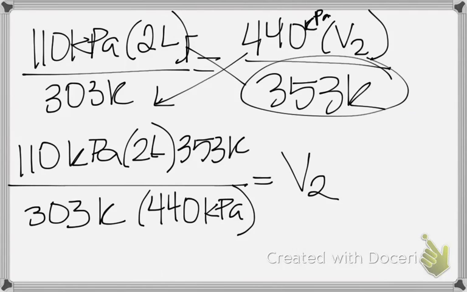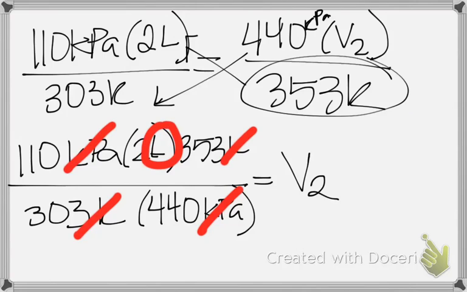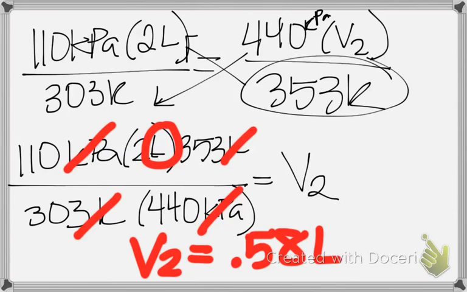And so I multiply both sides by 353, and I divide both sides by 440 kilopascals. Now, like I said, the cool thing is that all the units cancel out. And so you know you did it right, because the only one that's left is the liters. Very cool. Which means that after you do all of this, my volume is going to be about 0.58 liters.